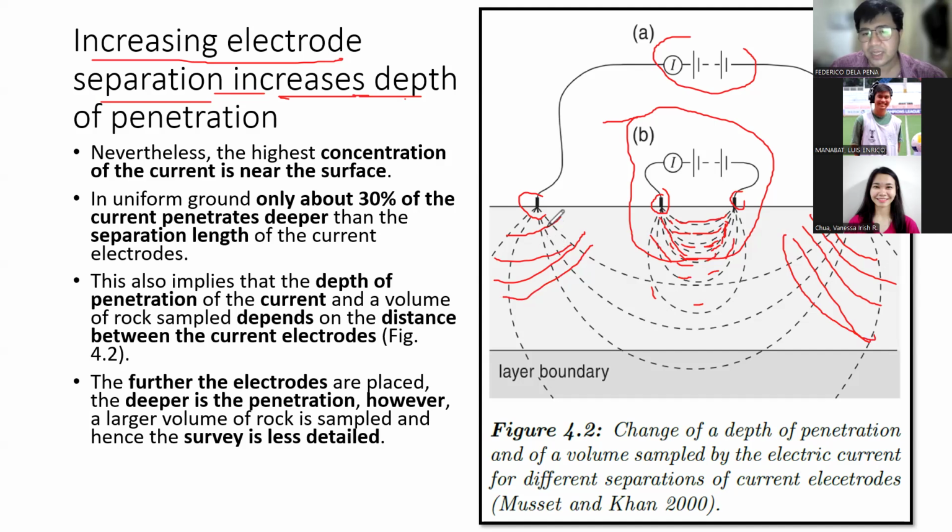The result is that the current will tend to have a longer pathway. It's going to try to compensate for the lower resistance, and it will try to spread out. The result is a bigger electrical pathway, and this will consequently penetrate deeper into the subsurface.